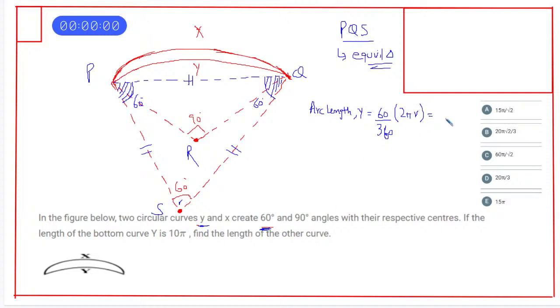And this is given in the question, it is 10 pi. So I can say it is 5 times, and this is 1/6. So r equals 30 centimeters. This is the radius for PQS. Let me know if this is clear.